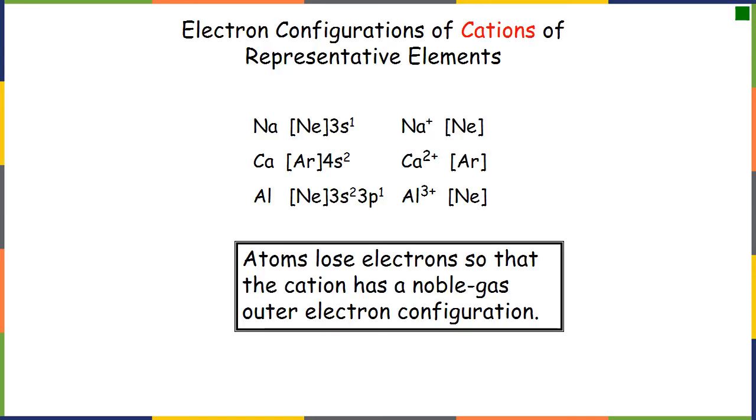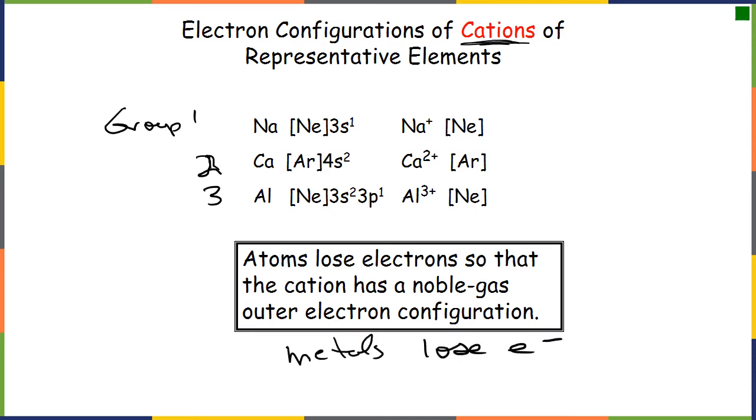Now, continuing in, because the most important thing with our electrons is not necessarily where they are, but where they're going. So if we consider our representative elements, representative meaning groups 1, 2, 3, 4, 5, 6, 7, 8, and this is group 1, 2, and 3. These guys are metals. We know that metals lose electrons. The nice thing about our theory here is that not only does it give our electron configuration of the neutral, so if we look at sodium, sodium is neon 3s1, it's going to give us the electron configuration of our ions.